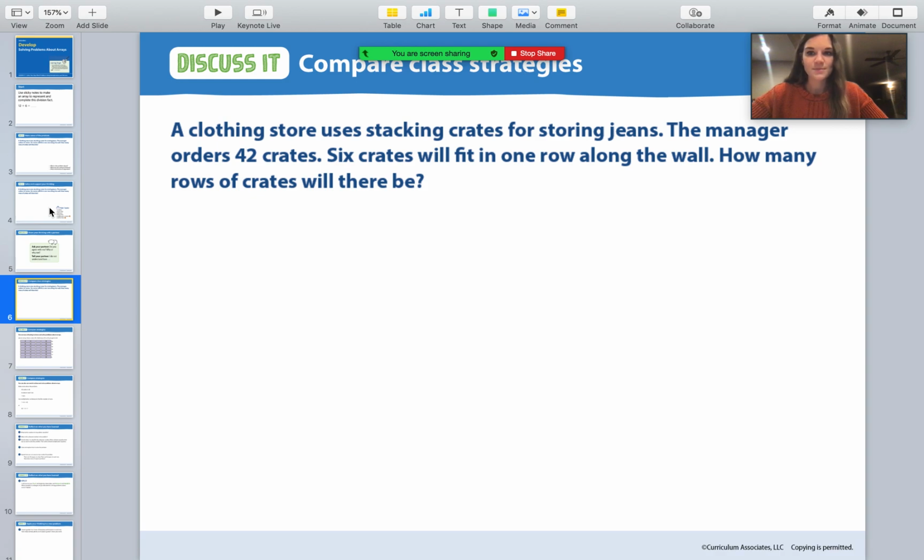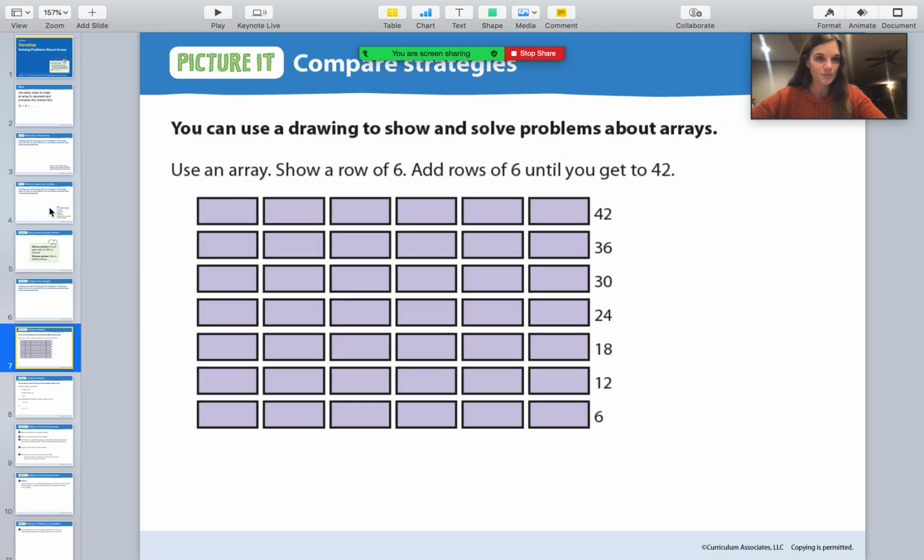All right. So it should have looked something like this when you drew it on your whiteboard. Okay, so like I did, I started and then I would go up by 6s each time. And I only got to 18, but you guys should have gotten all the way up to 42. And then that shows us how many rows do we have? 1, 2, 3, 4, 5, 6, 7.